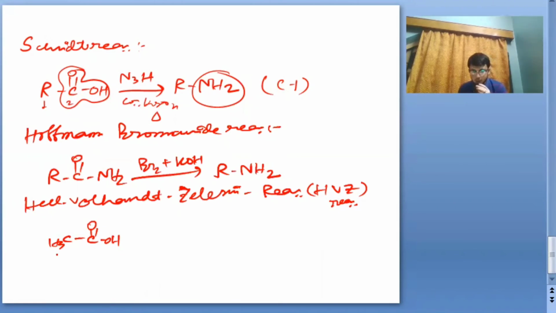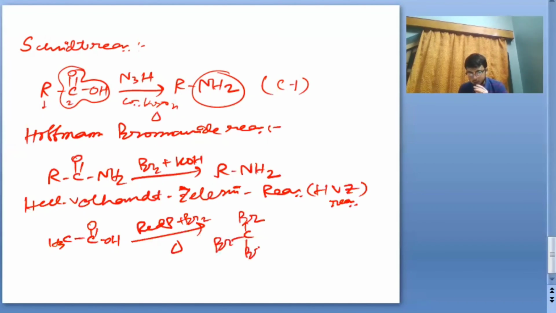That means here it has 3 alpha H. So the alpha Hs will be converted to bromine here. So P plus Br2 is the reagent. So it will look like this after the reaction. So that is what is HVZ reaction.